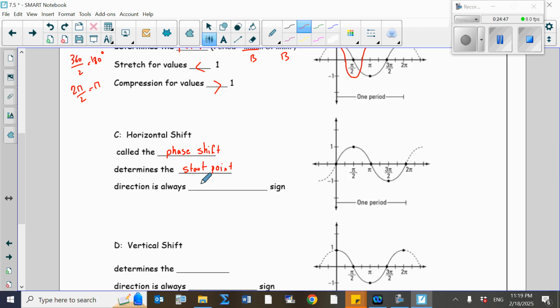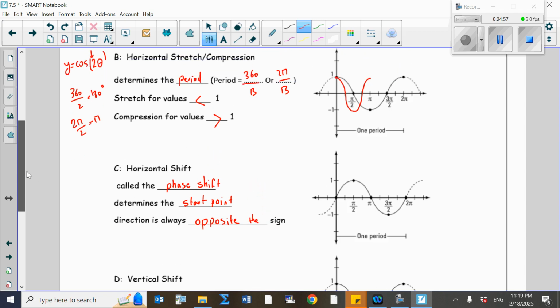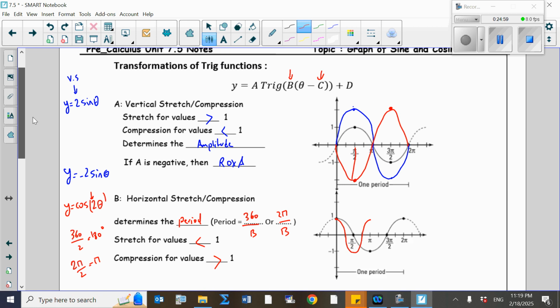Directions are always opposite the sign, because we know that inside the function, if you have minus something, it's going to move to the right. It's always acting opposite. If you have plus, it's going to move it to the left.